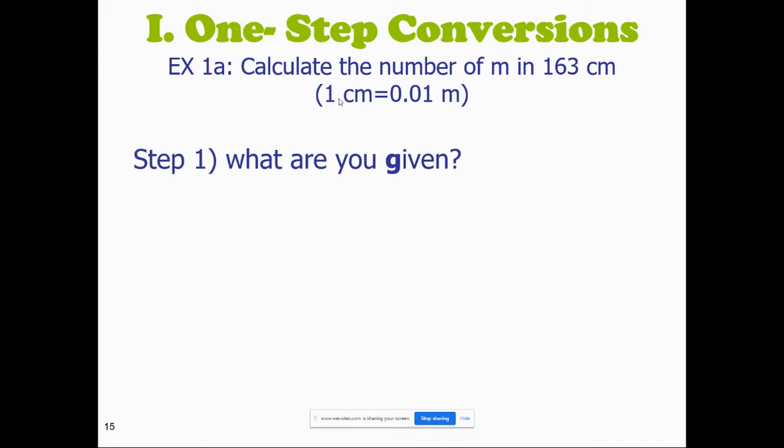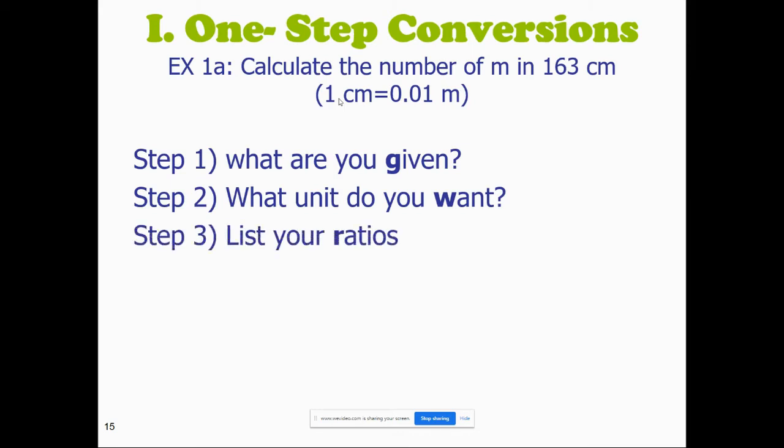But first thing you're going to do is say, what are you given? What is given to you in this problem? What's given to you is 163 centimeters. What unit do you want? Where are you headed? You're starting with centimeters and you want meters. So we're going to write down our want is meters. And then we're going to write down our ratios, in other words, our fractions.